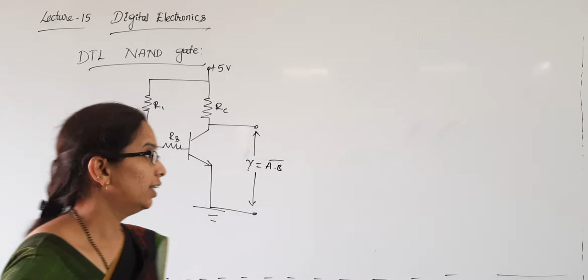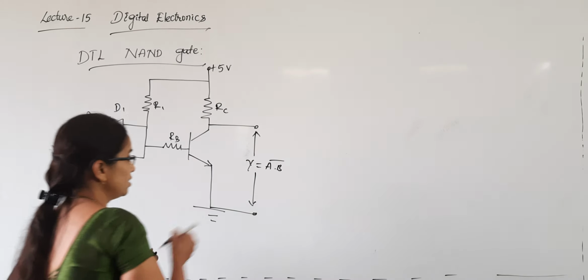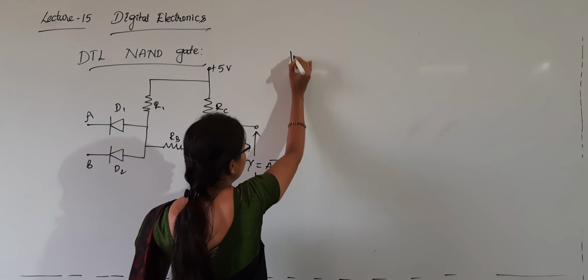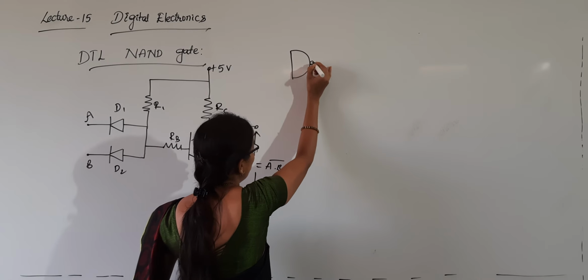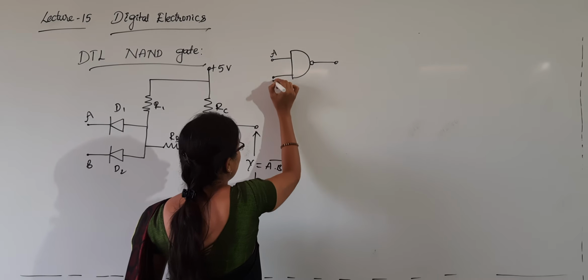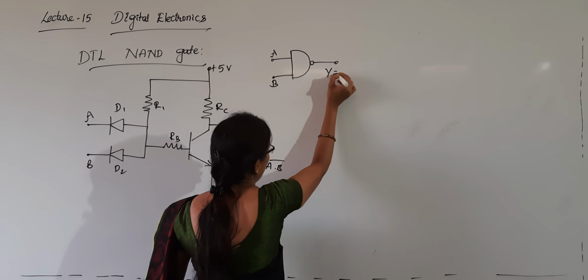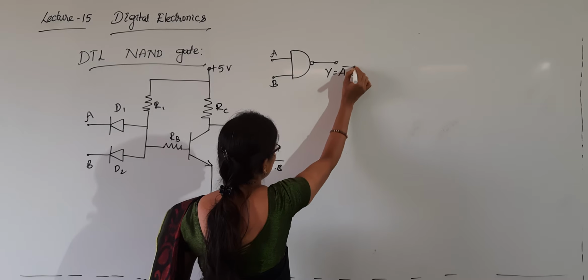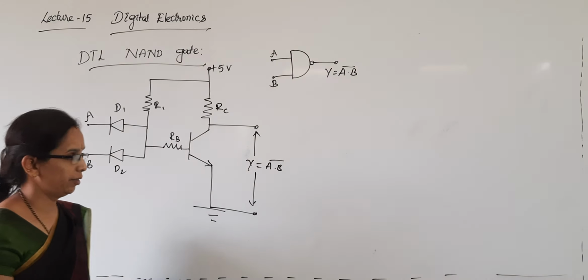So in that, just write the symbol of NAND gate. This is a very important gate, we have to remember it. A, B are the inputs, output will be (A dot B) whole complement.